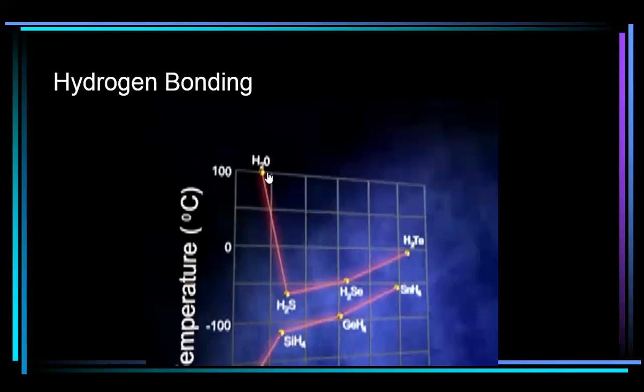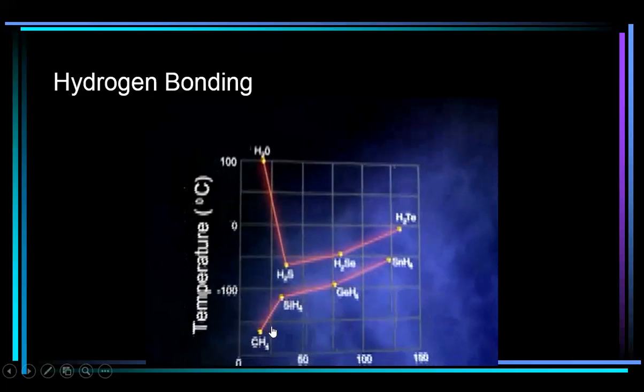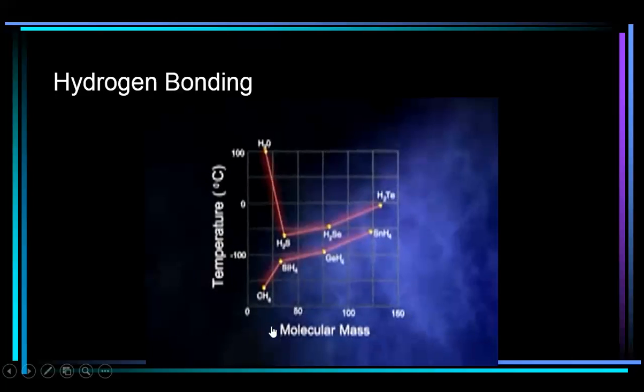The only explanation for the difference between the expected boiling point of water and its observed boiling point is hydrogen bonding. These other molecules can't do hydrogen bonding, but H2O can. And because of hydrogen bonding, water exists on our planet as a liquid and not primarily as a gas.